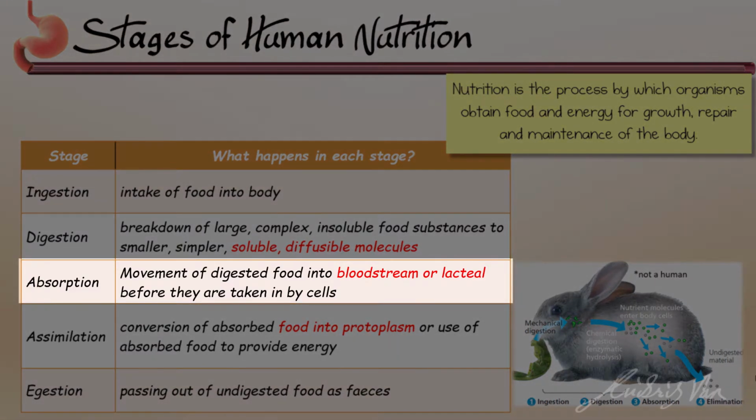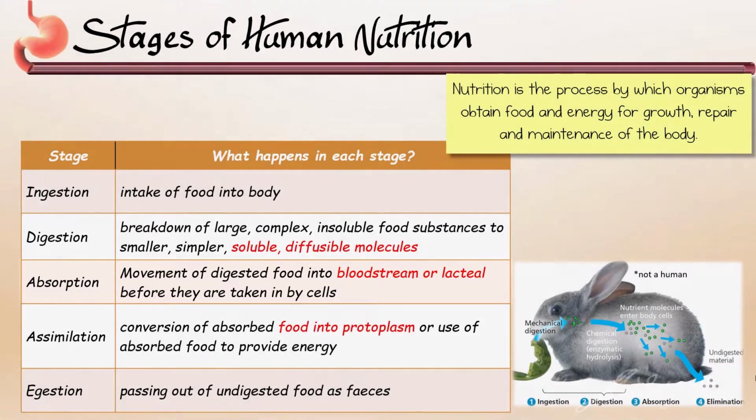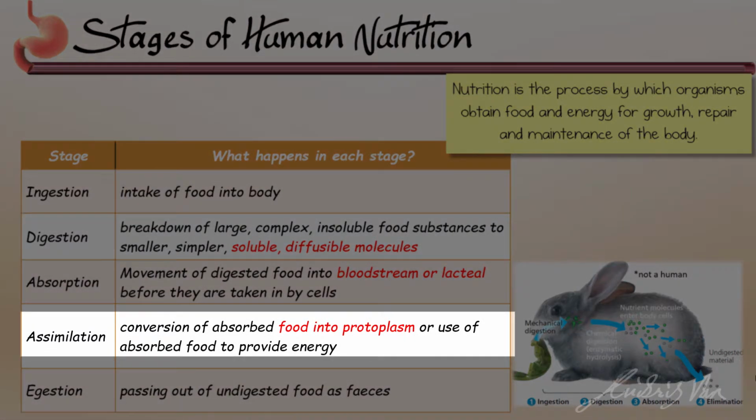In the next video, we will learn about absorption, which is the movement of digested food into the bloodstream or lacteal before they are taken in by cells. And lastly, assimilation, the conversion of absorbed food into the protoplasm, which is a fancy way of saying part of the cell, as well as the use of absorbed food to provide energy.